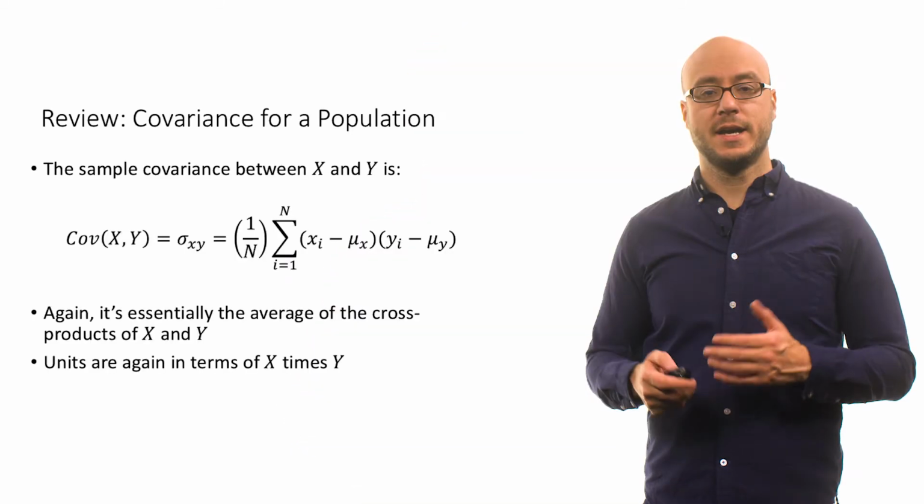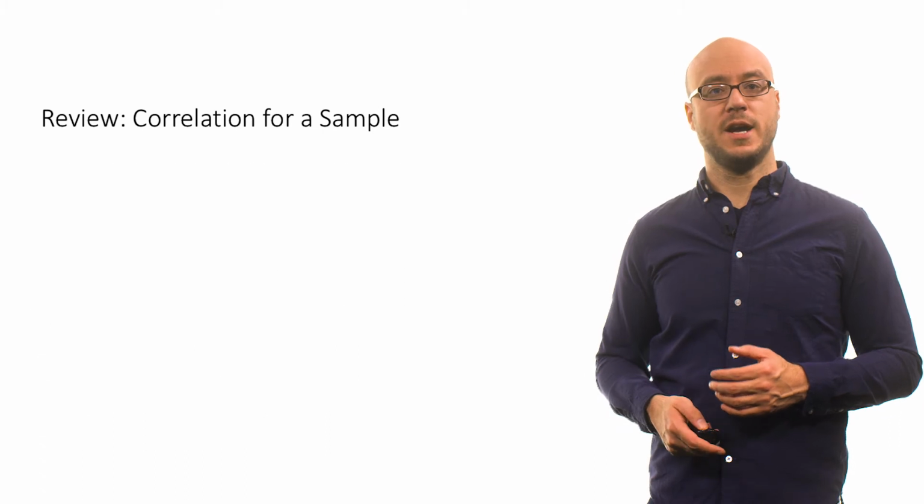So you take your x values, you remove the population mean, you take the y values, remove the population mean for the y values, you multiply these two differences together for each person or each row of the population, and then you divide by capital N, where N is the total size of the population. Again, the units are in terms of x and y.